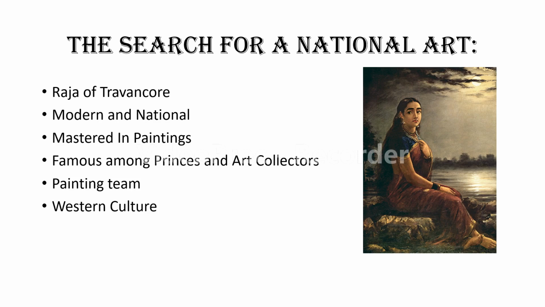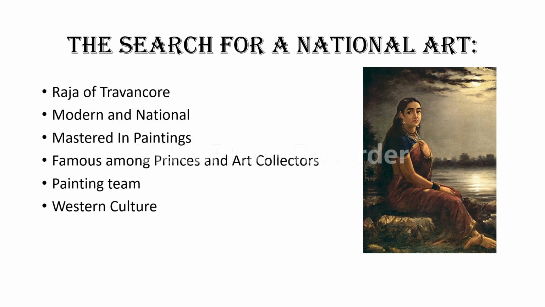He mastered the Western art of oil painting and realistic life study, but painted these techniques only on Indian mythology. From the 1880s, Ravi Varma's mythological paintings became the rage, and Indian princes and art collectors filled their palace galleries with his work.